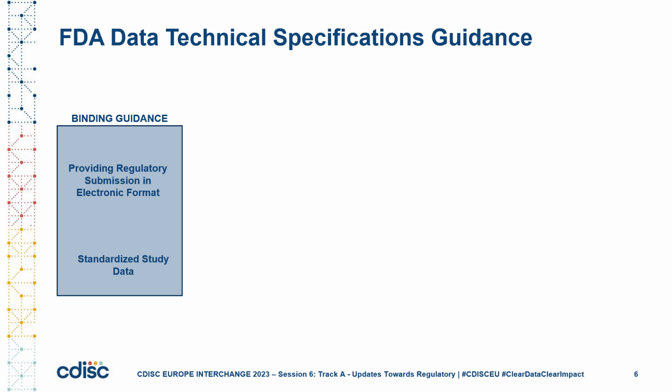These two binding guidelines set the framework for making electronic submission using a set of standards defined by the FDA, and more details are provided in the Study Technical Conformance Guide that is not binding, like many other documents released by the FDA, but this doesn't mean that we are free to follow or not.